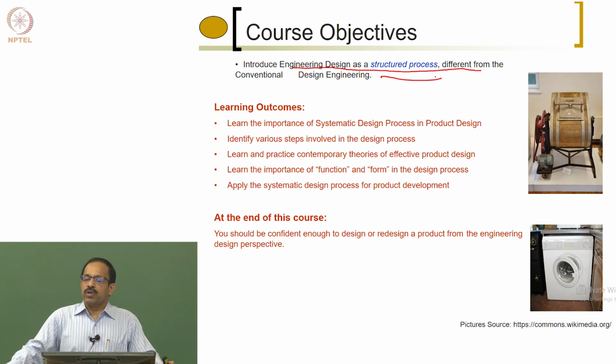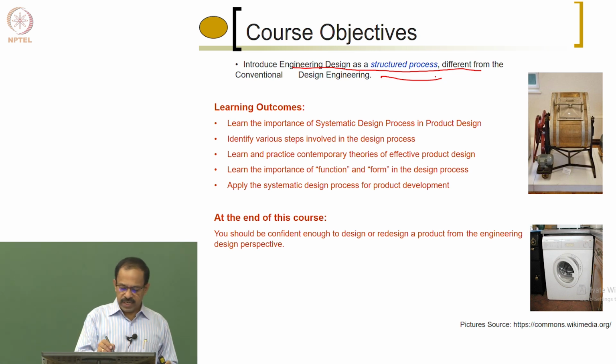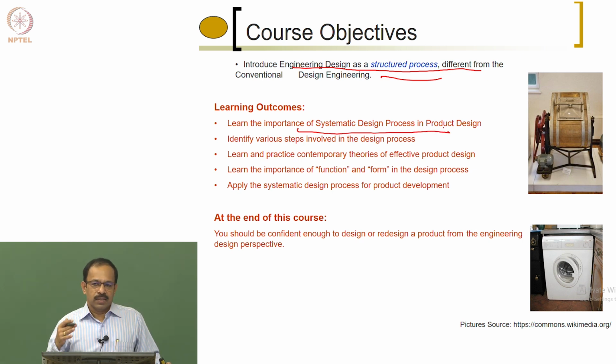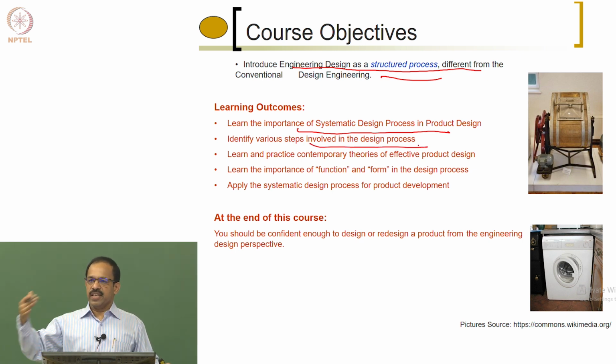So what are the learning outcomes of this course? First is to learn the importance of systematic design process. As I told you, engineering design is a structured process. So we need to understand the systematic design process in product design and identify various steps involved in the design process. Since it's a process, there will be various steps involved.